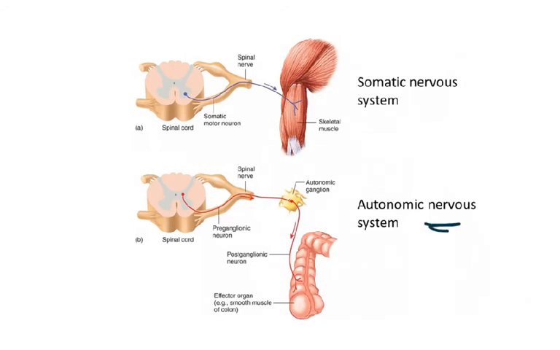system. We're going to see some differences between the parasympathetic and the sympathetic, and we're going to look at those in detail in the next video. Here, though, I just want to give a big contrast between the anatomical differences of the somatic nervous system, which is what we've looked at so far, and then the autonomic nervous system in general.